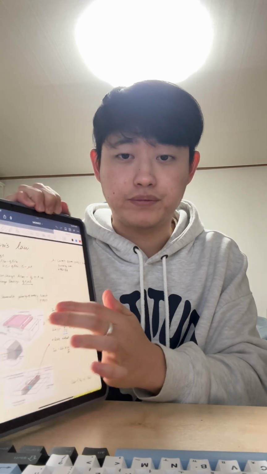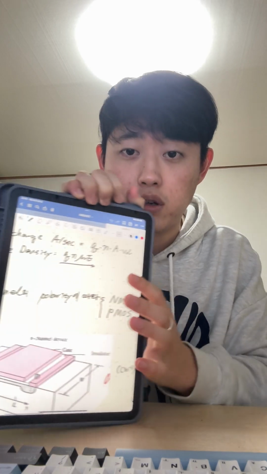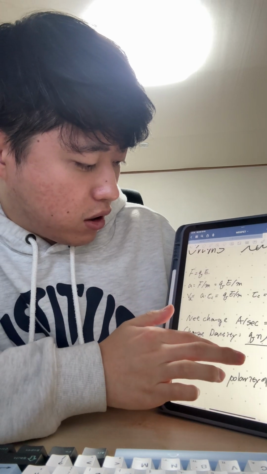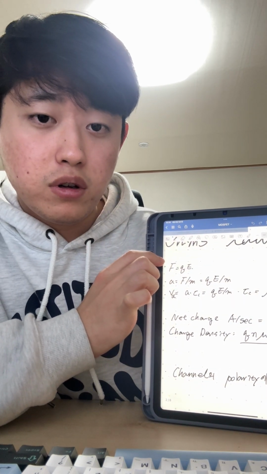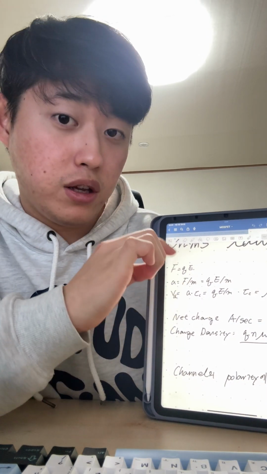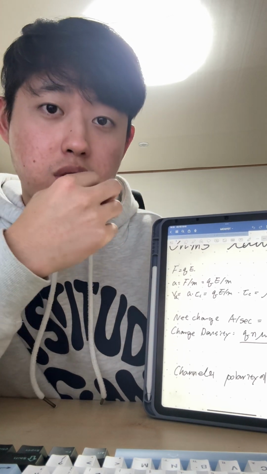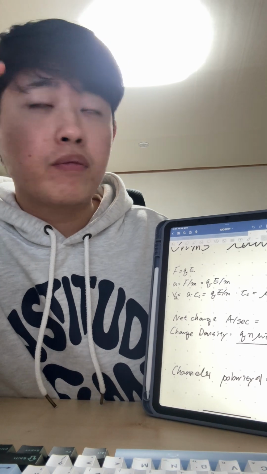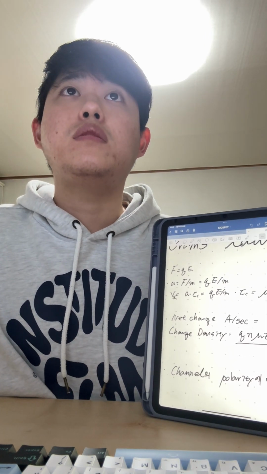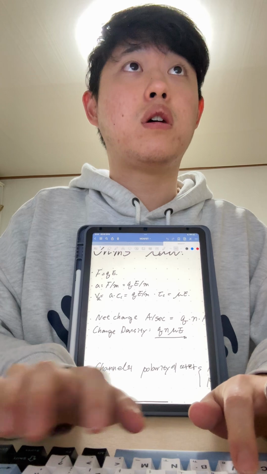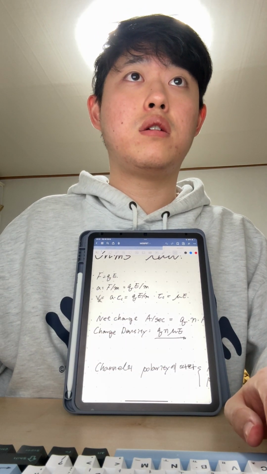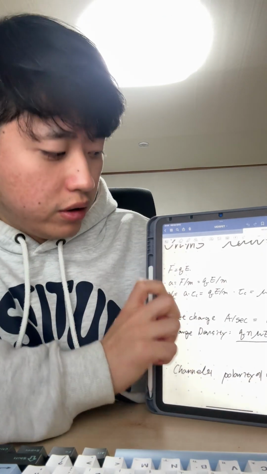First, I'll talk about Ohm's law. Here, F is Q and E. E is the E field, and Q is the Coulomb charge, and A is acceleration.